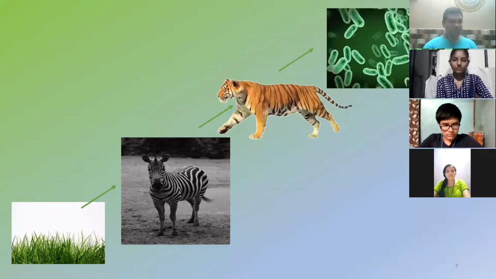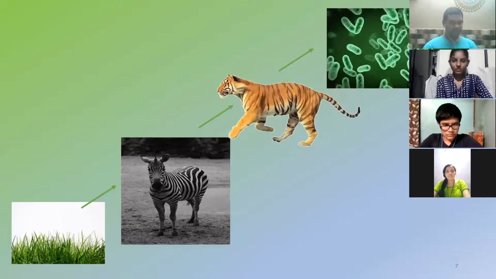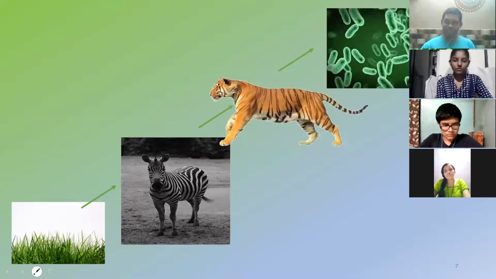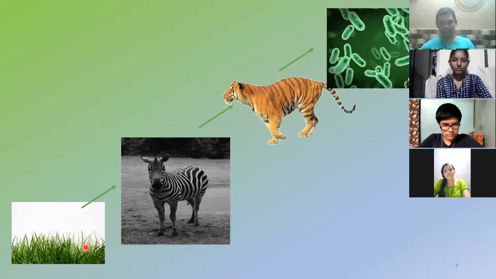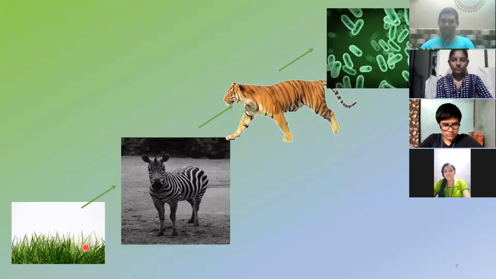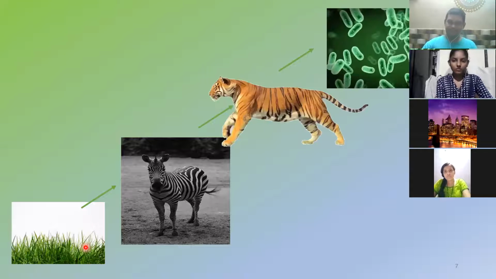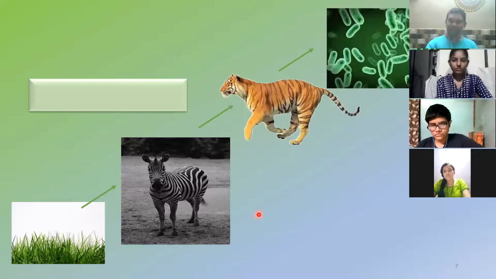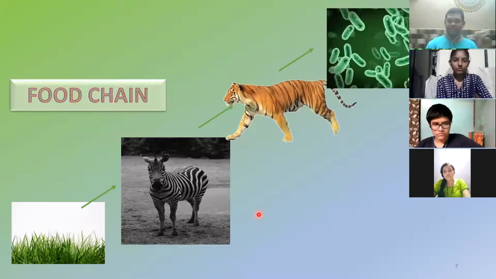Even microorganisms are going to die one day. They also don't have an indefinite lifespan. So their bodies, their cells will also decompose and the nutrients go back to the soil. And in that same soil, again, new grasses will grow. So it is like a complete chain. This kind of a chain which operates in a nature is called as the food chain.